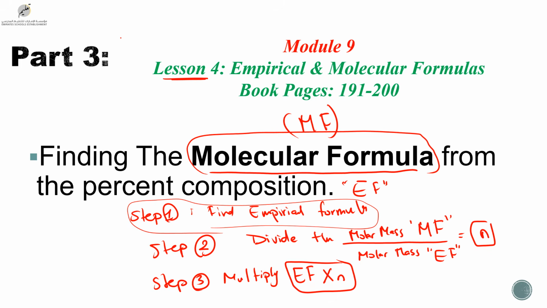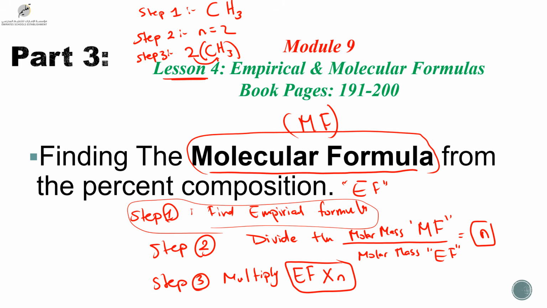What does that mean? So from step 1, you get CH3. Imagine, right? Now from step 2, when you divide the molar mass of the molecular formula by the molar mass of the empirical formula, you get N equals 2. Now in step 3, you are going to multiply 2 by CH3.